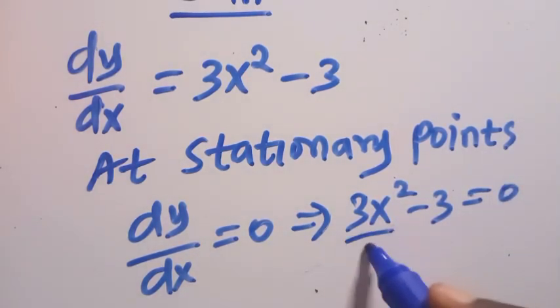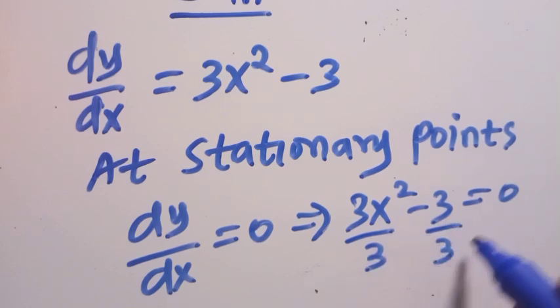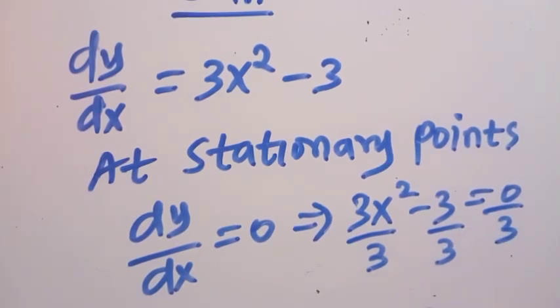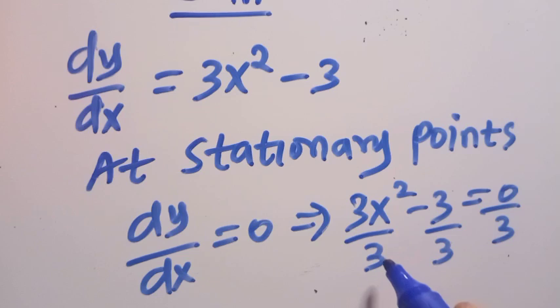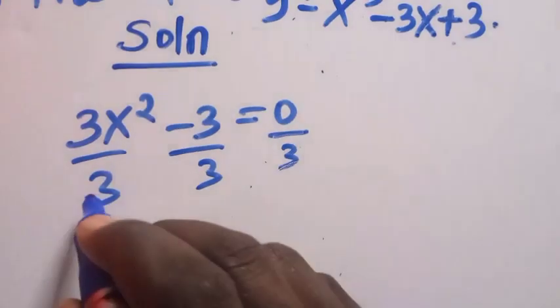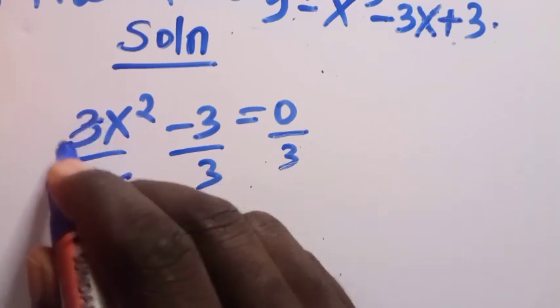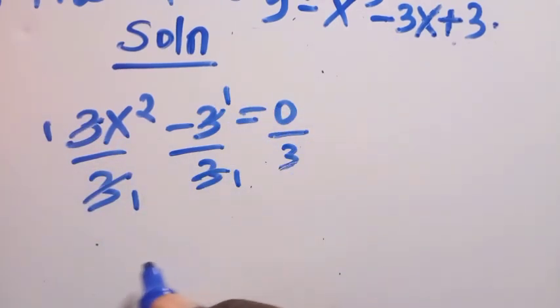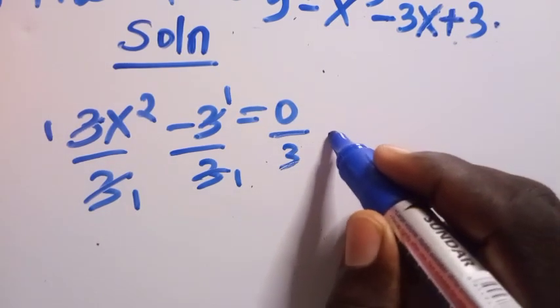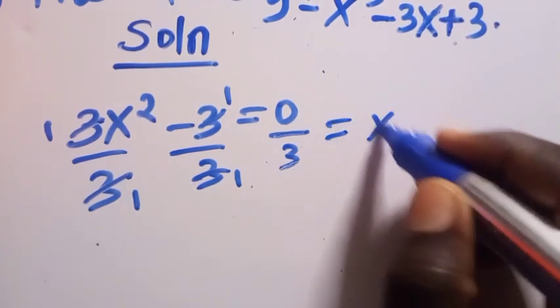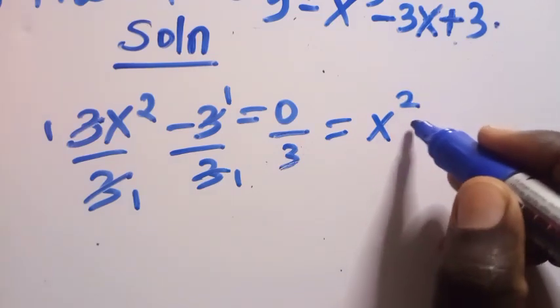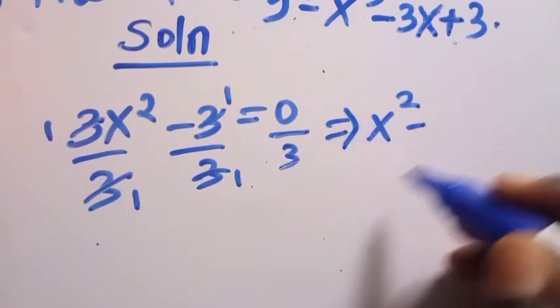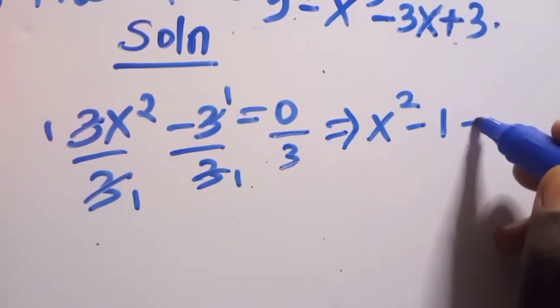Now, we can divide by 3 throughout. We shall have 1, 1, 1, and 0 divided by 3 is 0. This implies that x squared minus 1 equals 0.